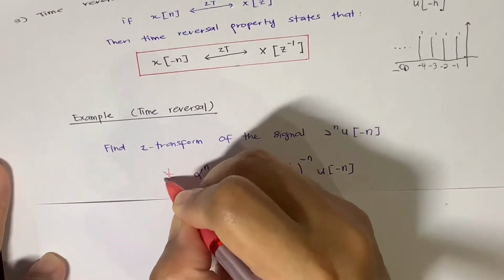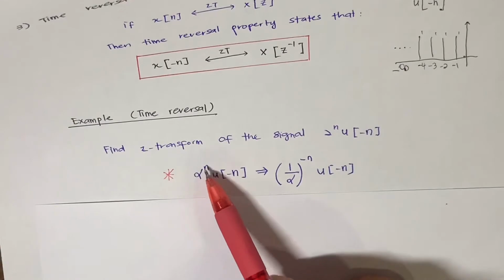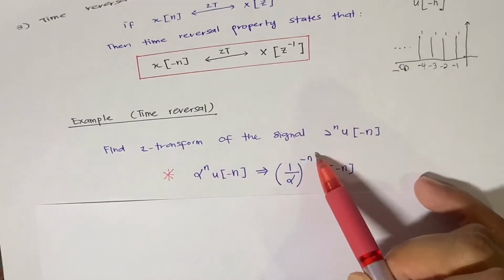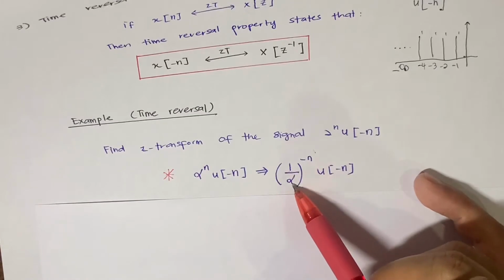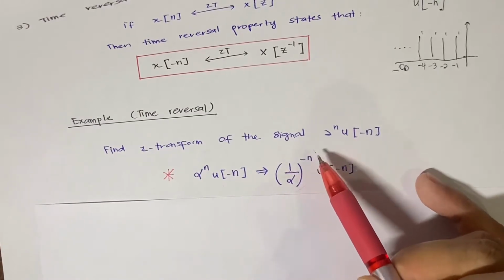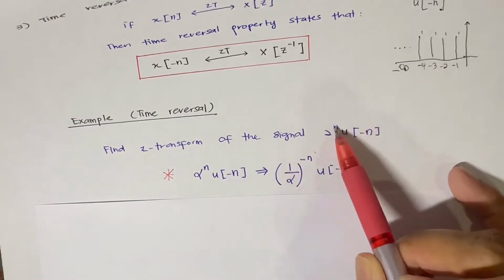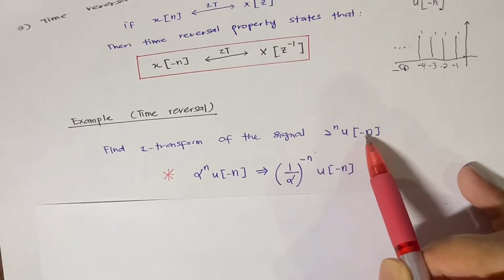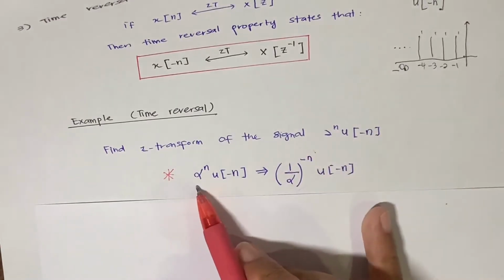This is just the fundamental equation that you need to perform. Alpha^n will be changed like this: 1 over alpha to the power of negative n, because we want to change the whole signal from n to negative n. We want to follow the time reversal property. So this one you need to remember.